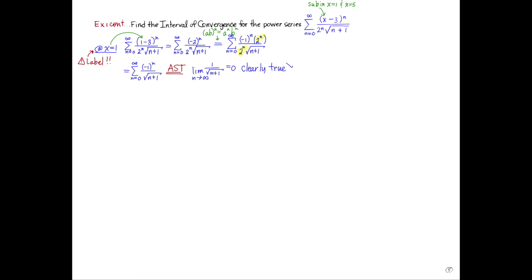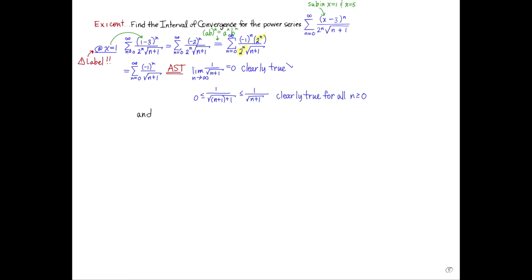We need our terms to be positive and decreasing. 0 is less than or equal to 1 over the square root of n plus 2, which is less than or equal to 1 over the square root of n plus 1. Because we have a 1 in the numerator and something that is clearly larger in the denominator, we can say that this inequality is clearly true for all n greater than or equal to 0.